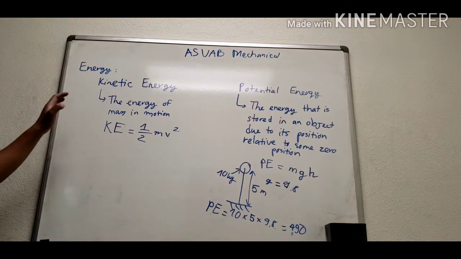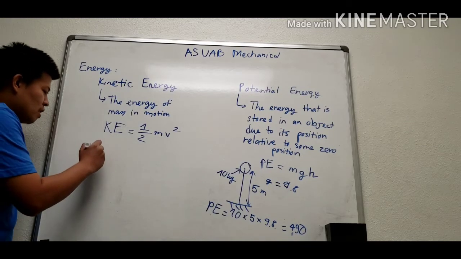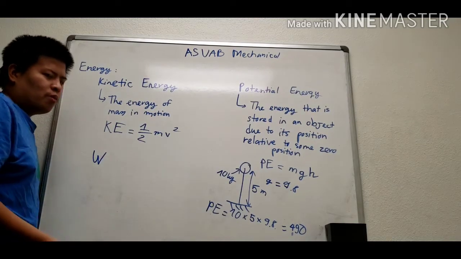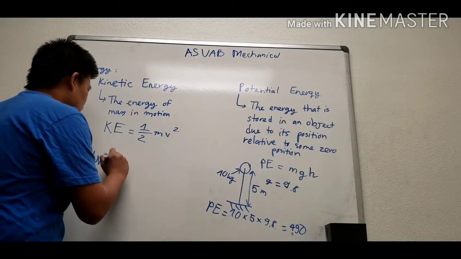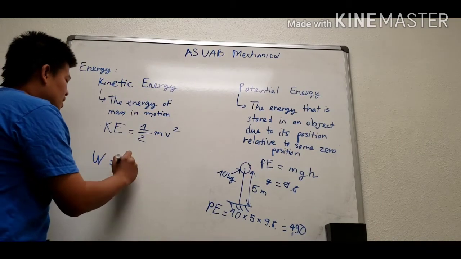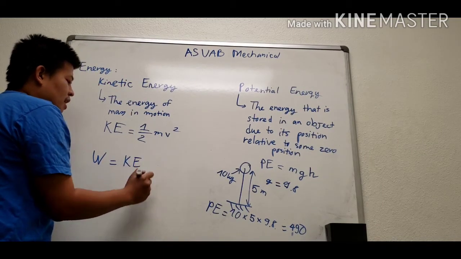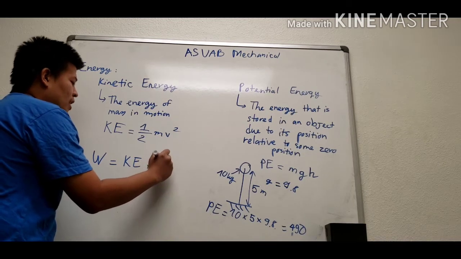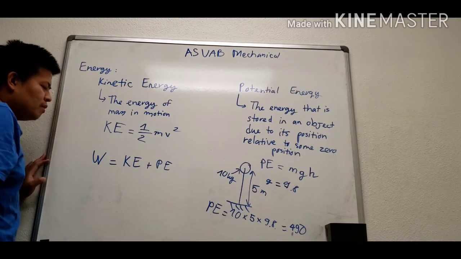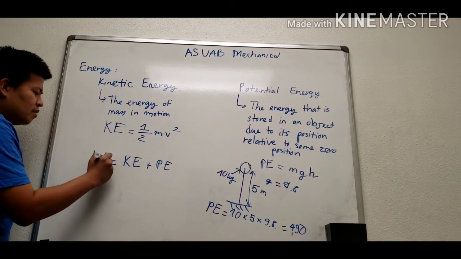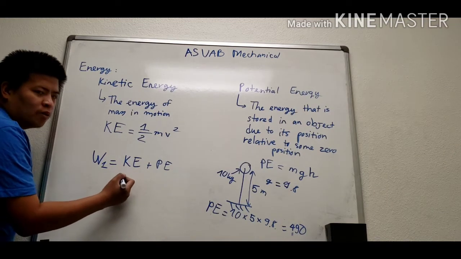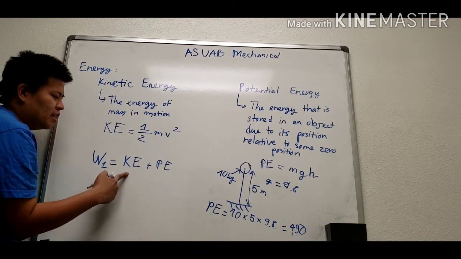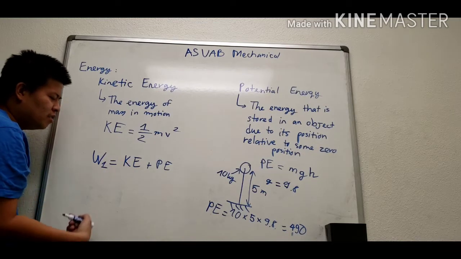We need to apply kinetic and potential energy. In here we know that the sum of the kinetic energy and the potential energy, this means that at the beginning the total of the kinetic energy and potential energy didn't change.